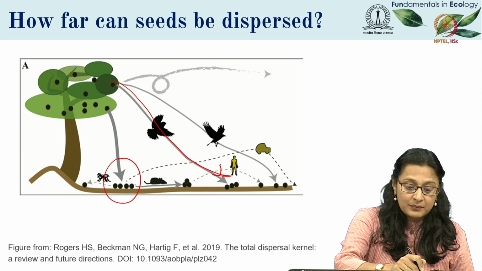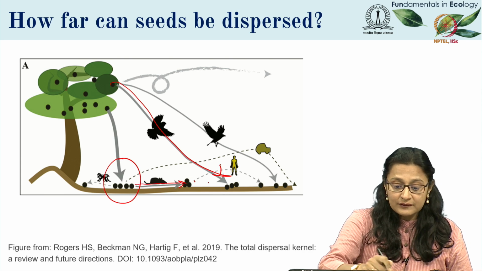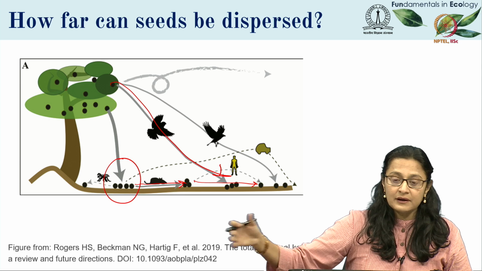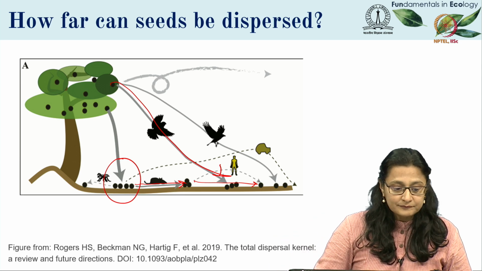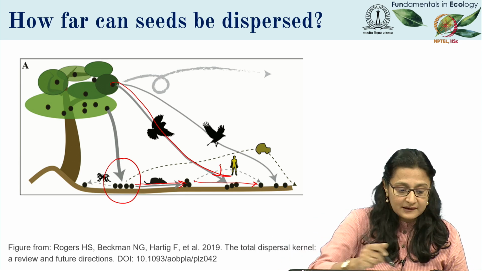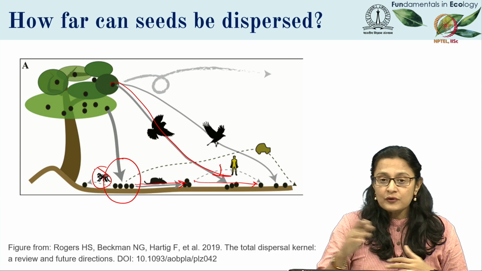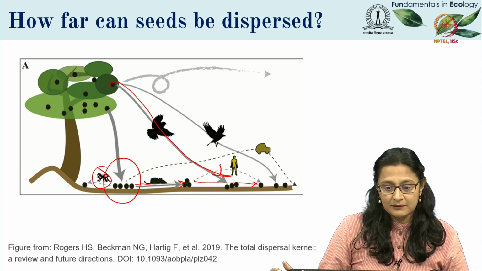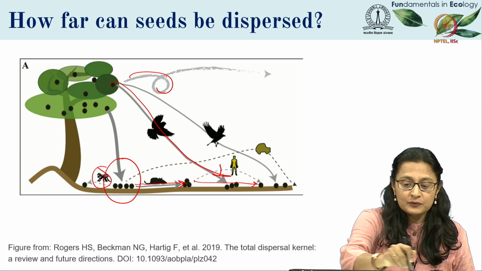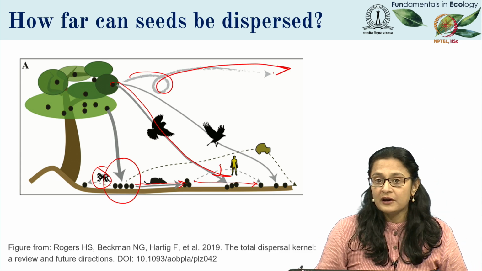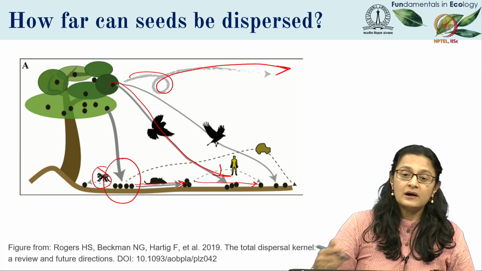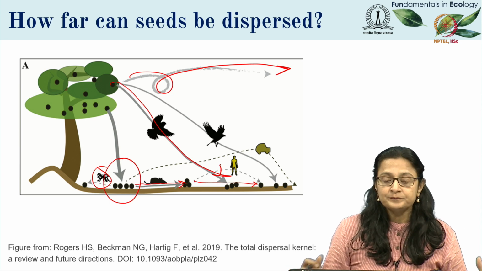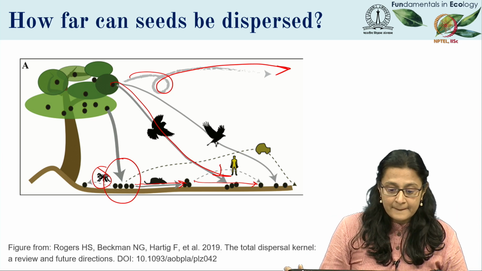Seeds can be carried by mammals on the ground, right? And that can go either endochory or ectochory. Seeds can be carried by insects as well. And of course, the various distances that they go depend on who's carrying them, right? So, if it's wind dispersed, it could be carried further than if it was animal dispersed, right? Especially if the animal that's dispersing it is a small animal.